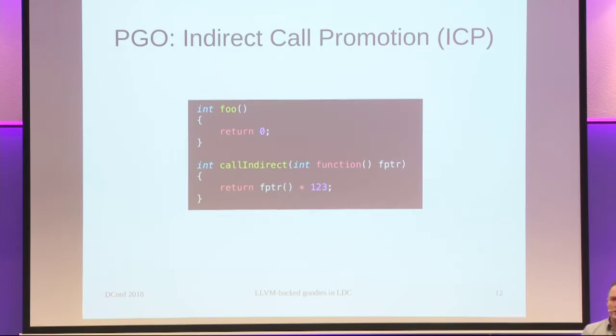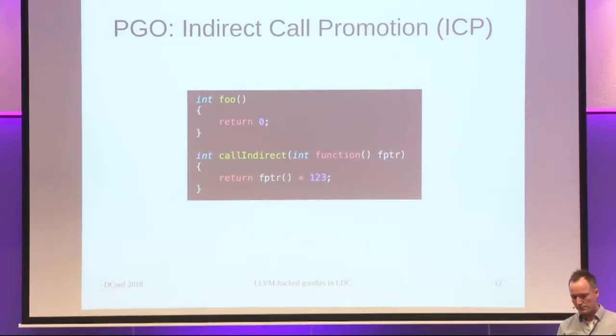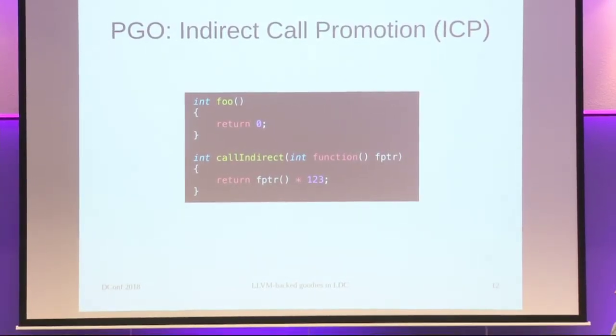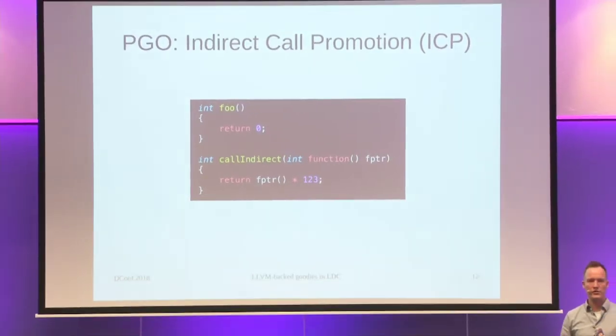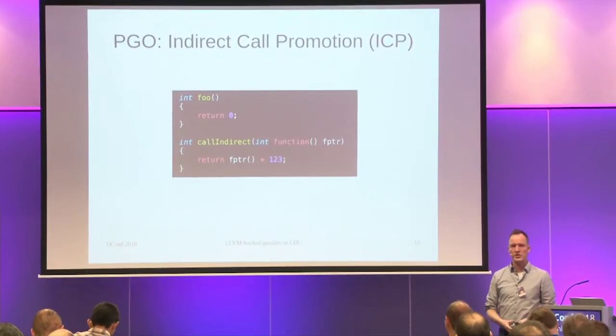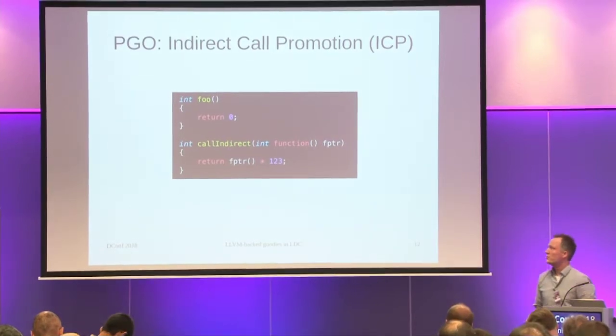Indirect call promotion is related not to control flow profiling, but to value profiling, where we basically try to store reoccurring values. If they reoccur very often, you can optimize based off of that. I've shown you a very simple example here.